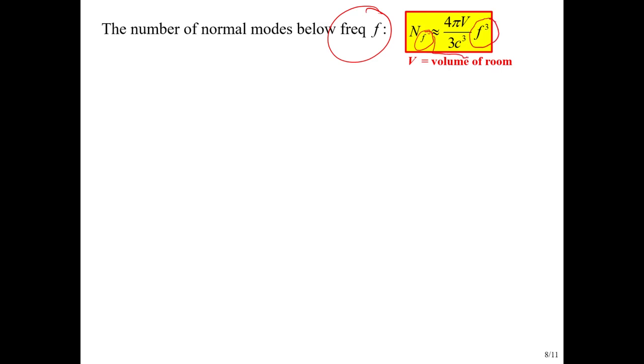We've got some constants out in front, but that's not the most important thing. The most important thing here is the dependency on f. So if we go up to a specific frequency and we say, how many modes lie below that frequency? This sets that number. Now we go up a little bit higher, and the number of modes below where we're now at has gone up cubically.